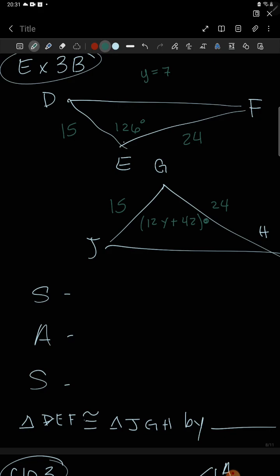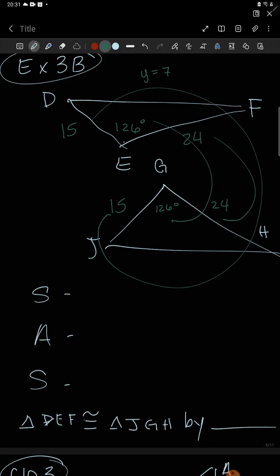It's just really badly executed. All right, we've got y is equal to 7. So 12y plus 42, I'm going to erase all of this, does actually end up to be 126 degrees. Okay, so you can see that corresponding side. That corresponding angle. So what did they do here? It looks like they rotated, right? Just like that, with the sound effects and everything.